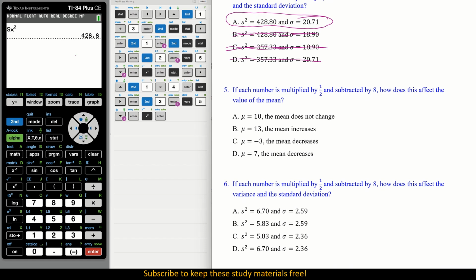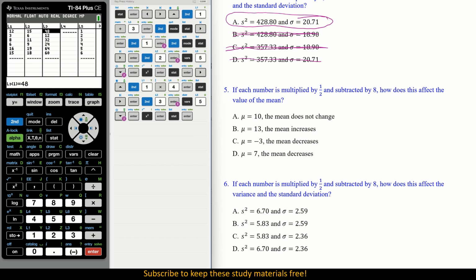It says, if each number is multiplied by a half and subtracted by 8, how does this affect the mean? And 6 is the same thing, except how does this affect the variance and standard deviation? Same process as before. So we need to push stat, enter, because we want our list, and then go over, and we're going to do the same thing as we did before.